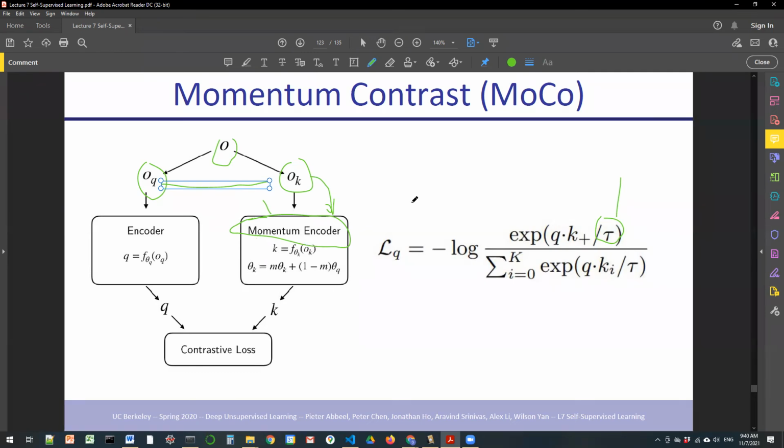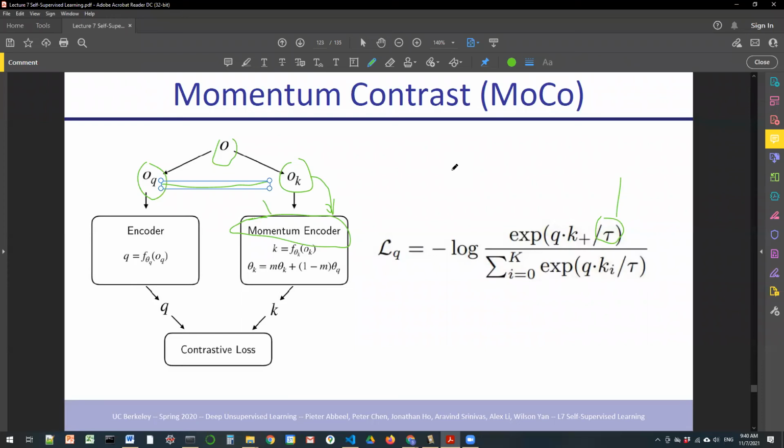Because what you eventually want is a lot of negatives, right? And remember, this whole method hinges on using a significant number of negatives and putting those negatives at some distance away from the embeddings that you learn with respect to the positives, right? So it's very crucial to have a large number of negatives.